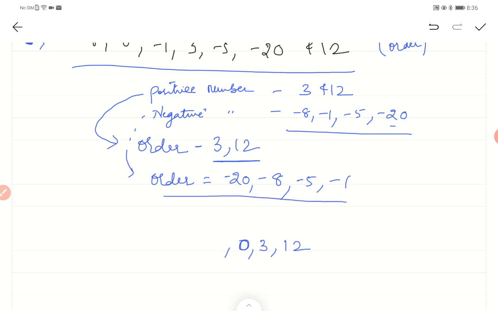So you'll have minus 20, minus 8, minus 5, minus 1, then 0, 3, 12. Like this you can order. First write your negative numbers in ascending order, then 0 in the middle, then your positive numbers in ascending order.